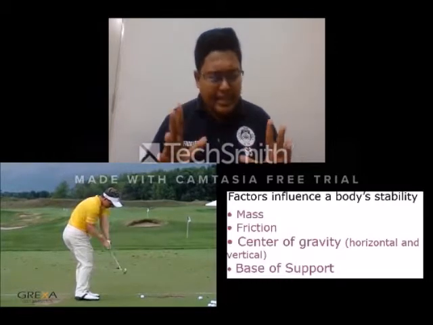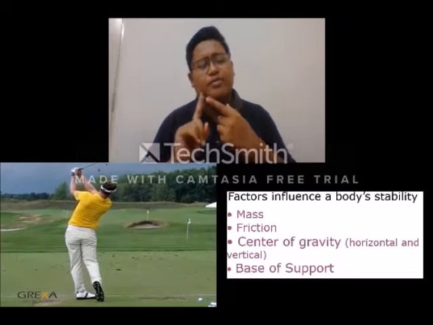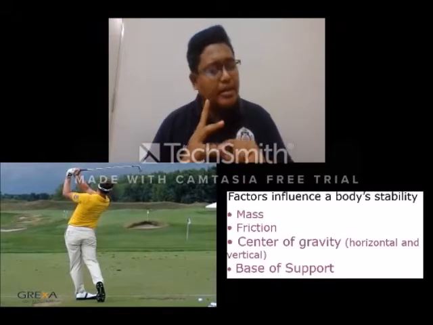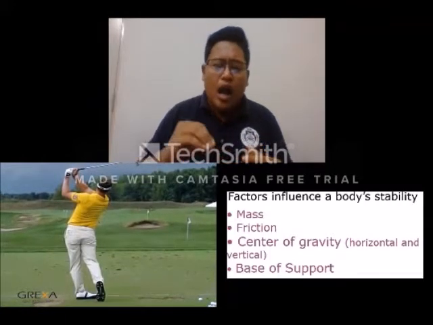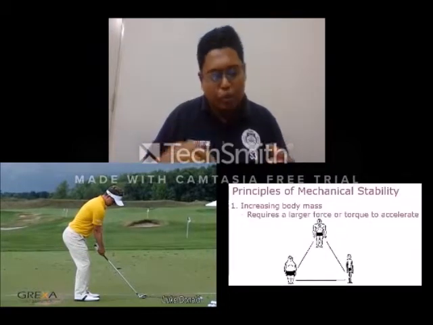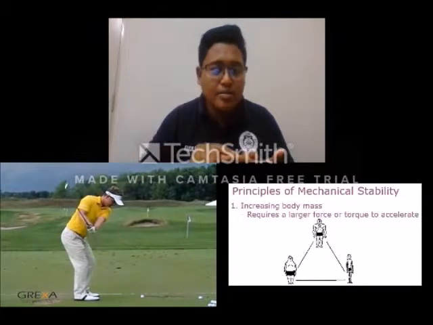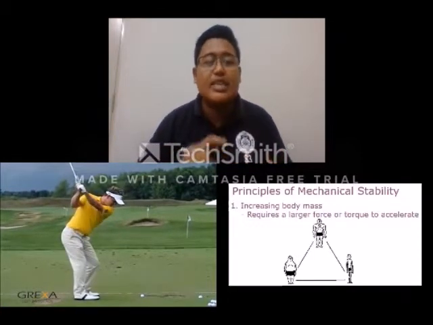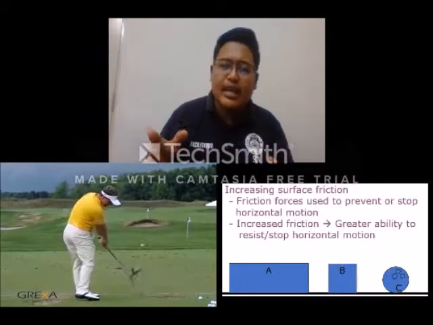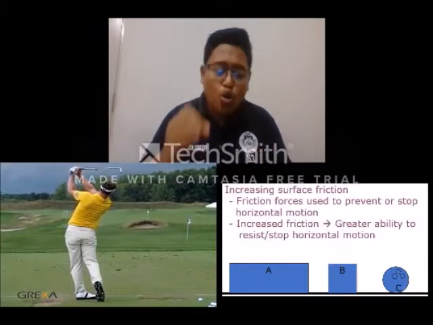So basically, there are four main things that you can do to increase your stability. First, you have the mass, friction, the center of gravity, and besides that, base of support. How can a golfer improve his mass? The mass I'm referring to here is his muscle mass. So when he increases muscle mass, he will increase his stability. Next, friction. A runner has his running shoe, a soccer player has his soccer shoe, and so does the golfer.